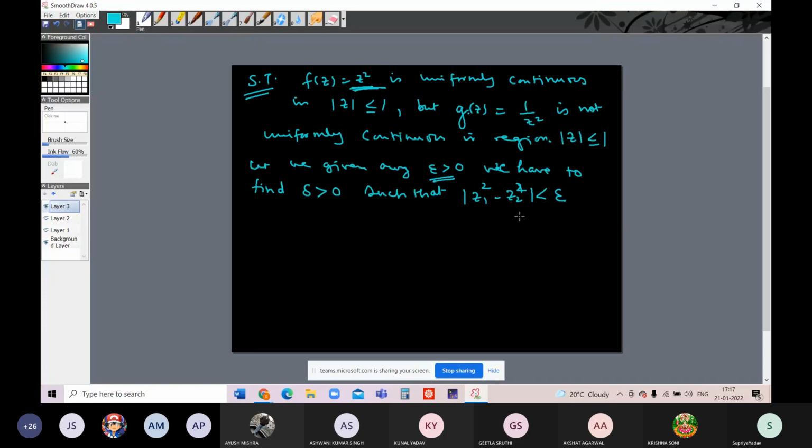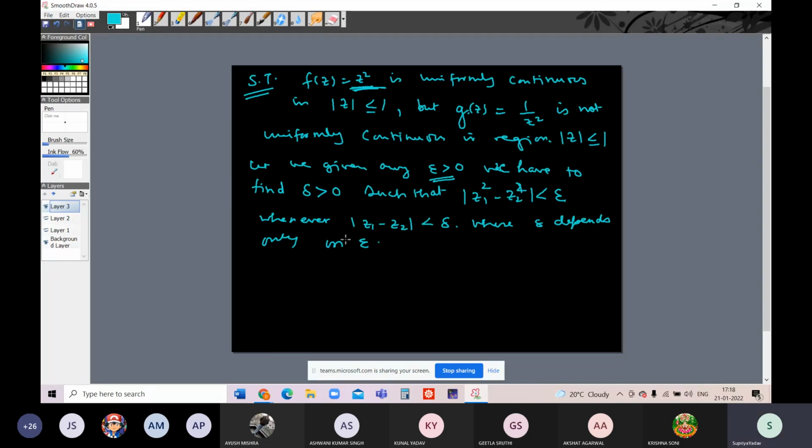Okay, so such that mod of z1 square minus z2 square is less than epsilon whenever mod z1 minus z2 is less than delta, and where this delta depends only on epsilon. Okay, not the particular choice of this z1 and z2.